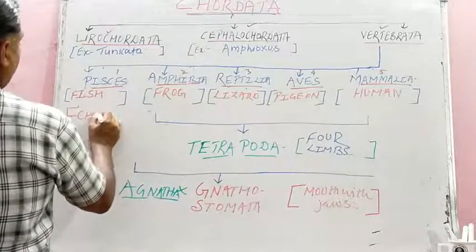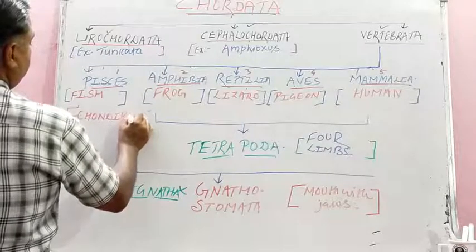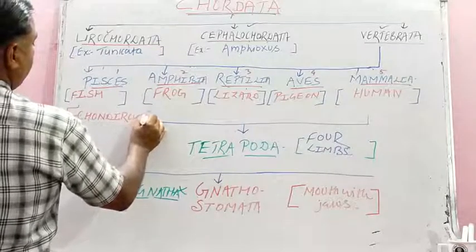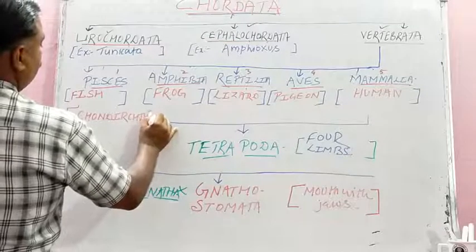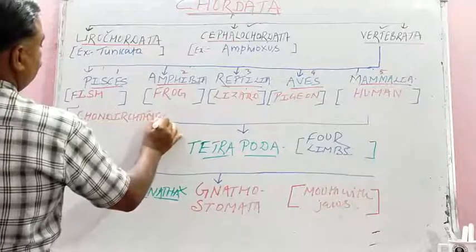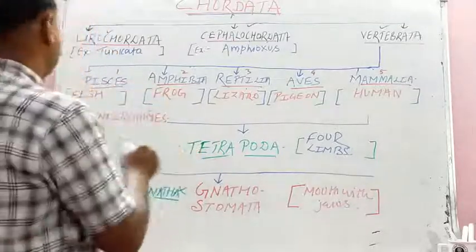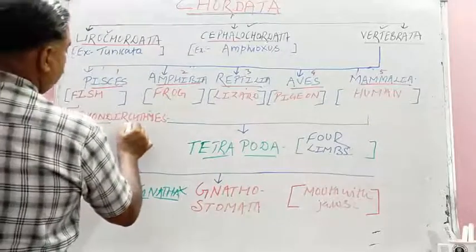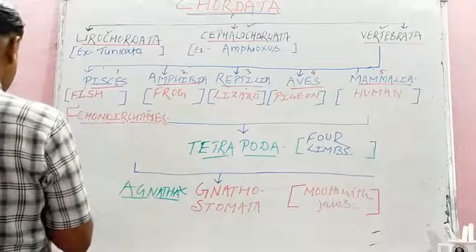Cartilaginous fish, student, they are called Chondrichthyes, due to presence of chondrin protein, the body is cartilaginous. So chondric fish is also called cartilaginous fish.